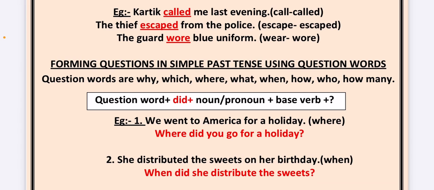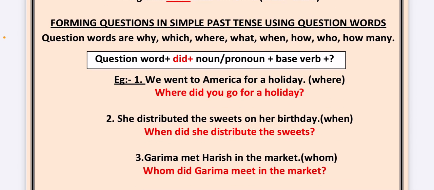So first thing, you will be given a question word and how you will frame a question in simple past tense. Students, in simple present tense, you used to use does or do. Does with singular and do with plural.